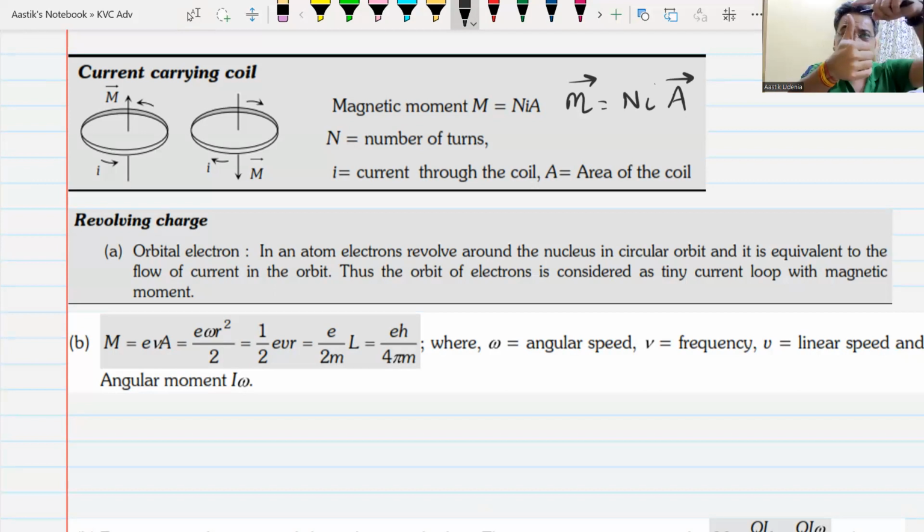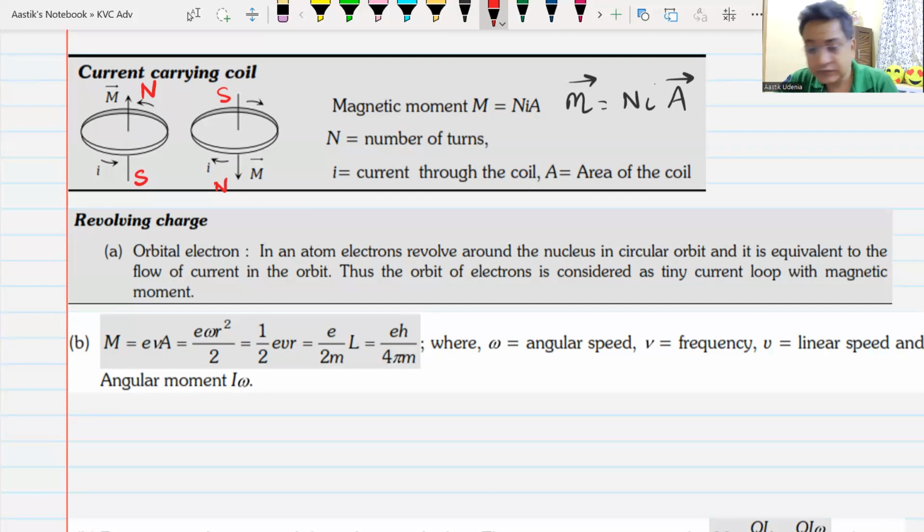The direction of the thumb gives you the direction of the area vector, which is also the direction of the magnetic dipole moment. Wherever your thumb is pointing, that is the north pole, and the south pole is on the other side. Do we understand this? Yes, sir.